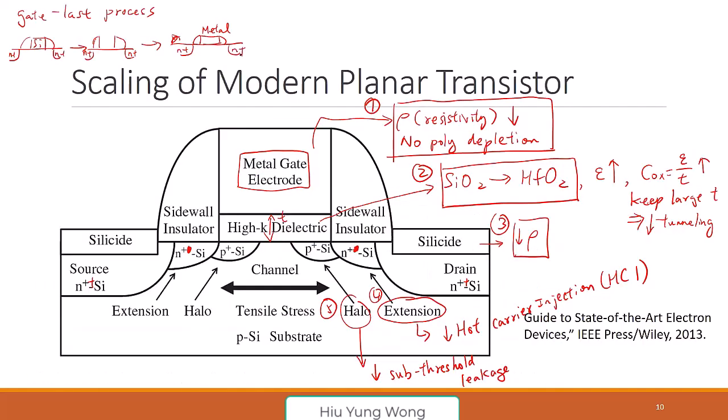Because if I start with the metal here, then when I form the junction, it's going to melt it. But this one, I don't have the problem. Is that okay? Any questions? Yeah, silicon semiconductor history is very interesting.